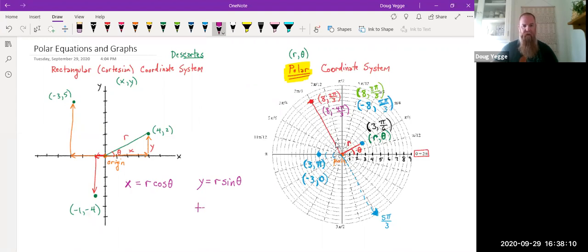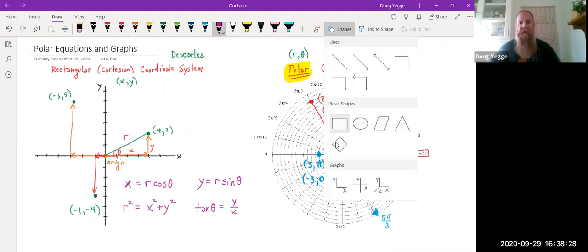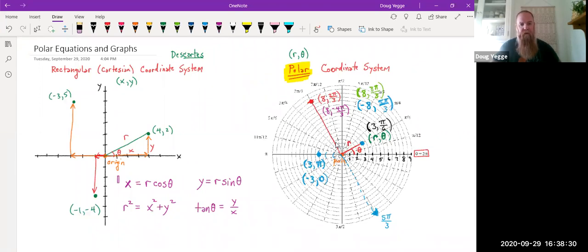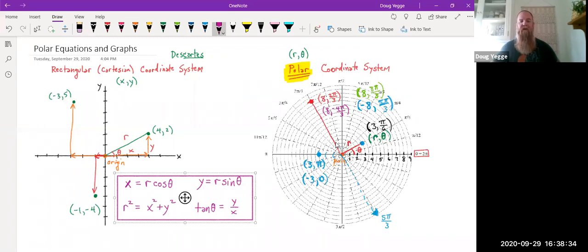We could also recognize that tangent theta is equal to y over x, or the opposite over the adjacent. We could also see that by the Pythagorean theorem that r squared is always equal to x squared plus y squared. So this is actually a very helpful little table in order to show us all of the different equations that we're going to use to convert from polar form back and forth into rectangular form.